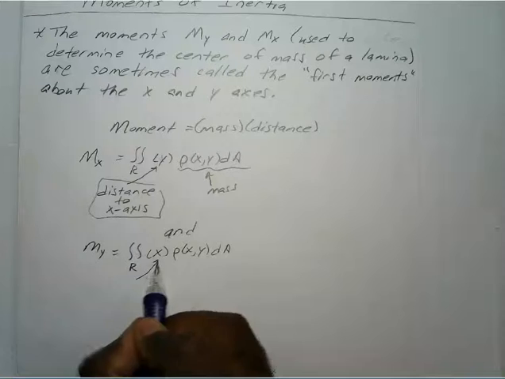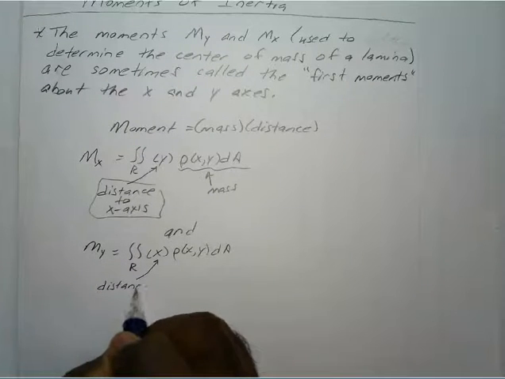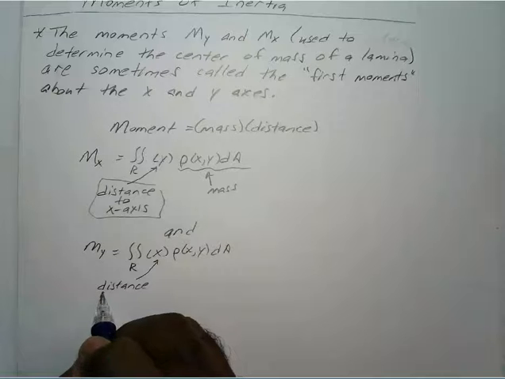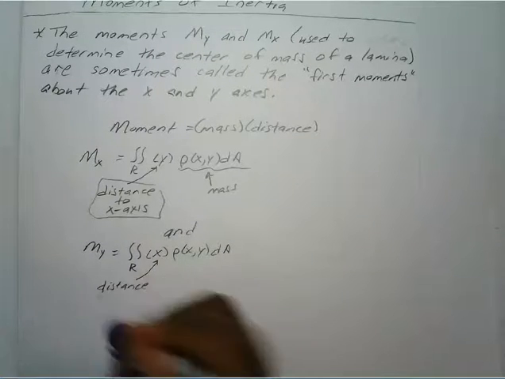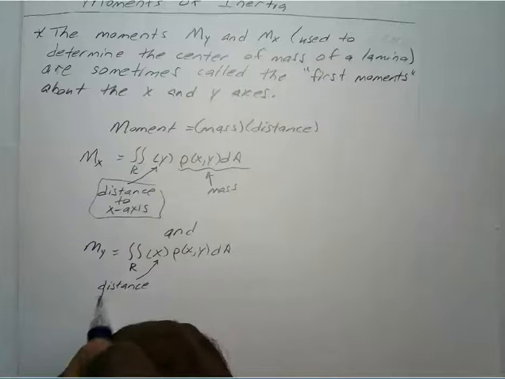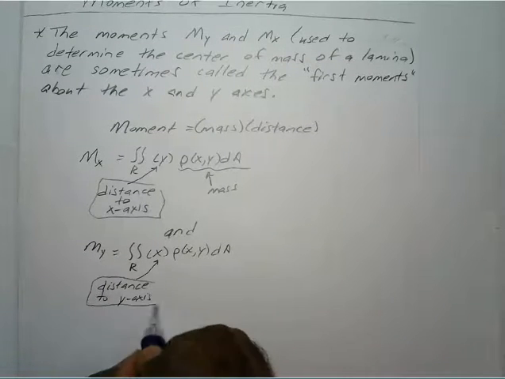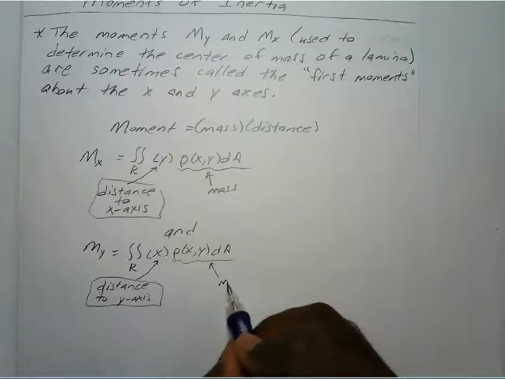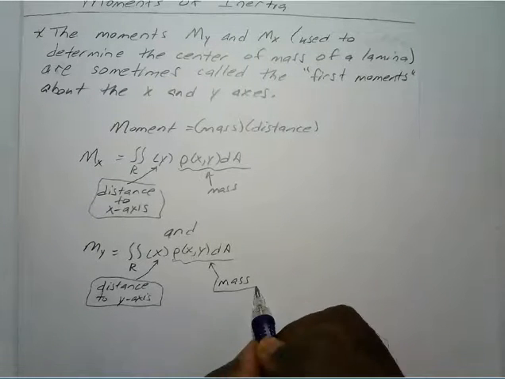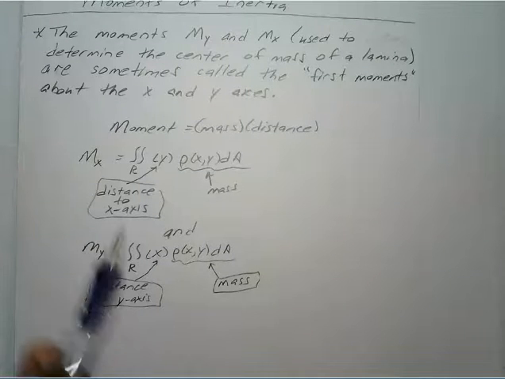So of course our x is the distance from the y-axis, or distance to the y-axis, depends on how you want to say it. And of course this is your mass. Now these are called your first moments.